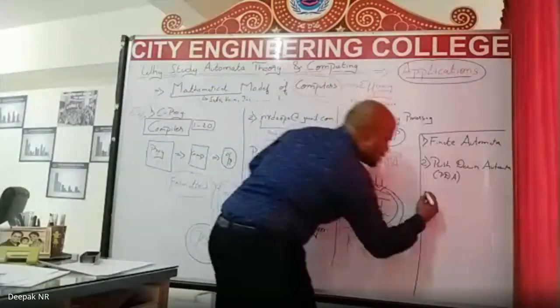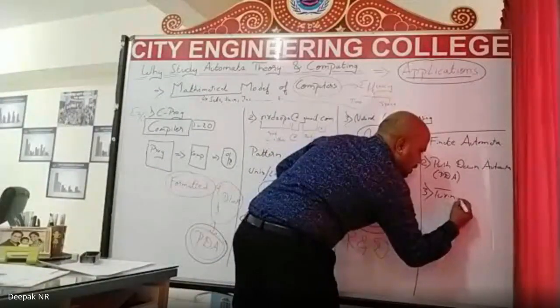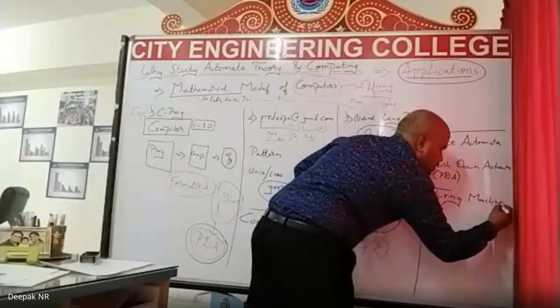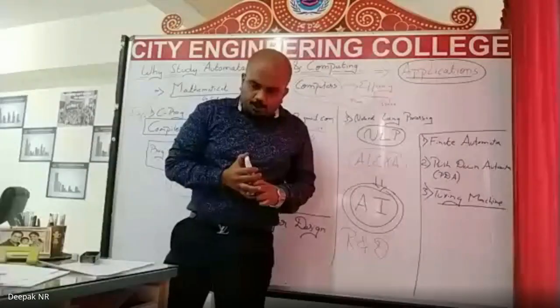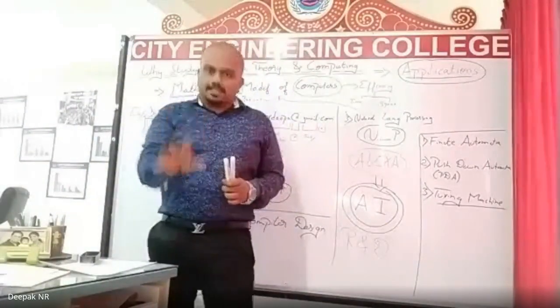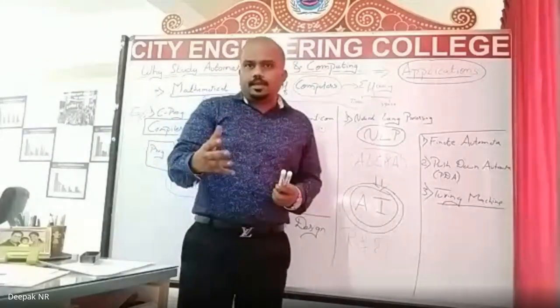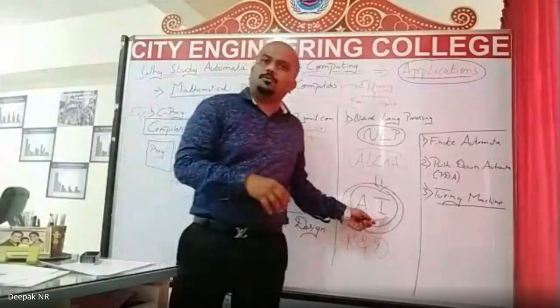The third one is something called a Turing machine. Guys, this is the most important thing. A recent version of a Turing machine is being run in R&D sections, in software companies and many R&D works.